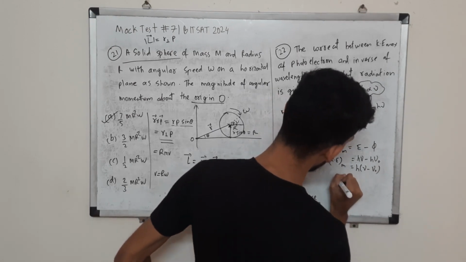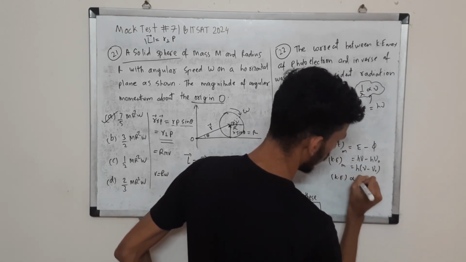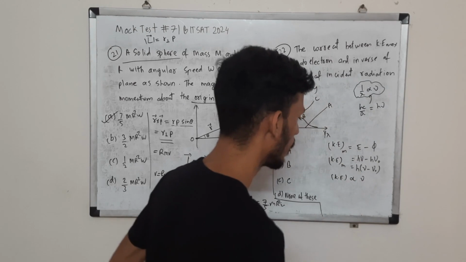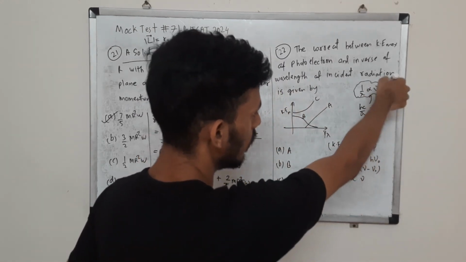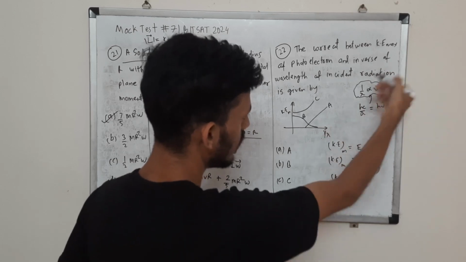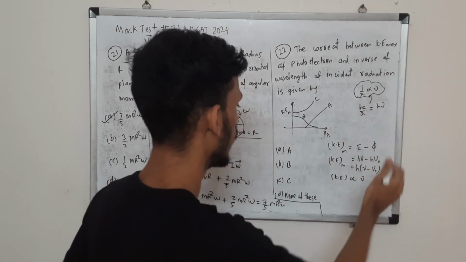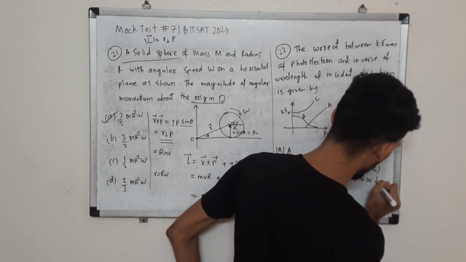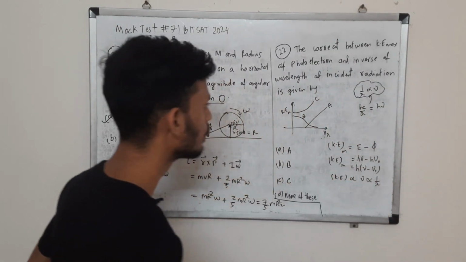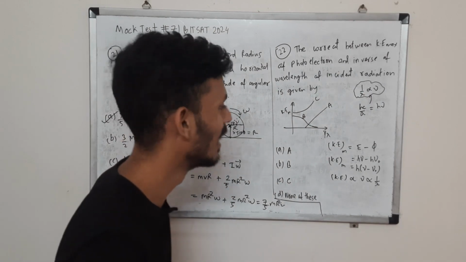So you can see that kinetic energy is directly proportional to your frequency, or directly proportional to inverse of wavelength, because that is the relation, right? Inverse of wavelength is nothing but frequency in a way. So it is directly proportional to frequency, or inversely proportional to wavelength.